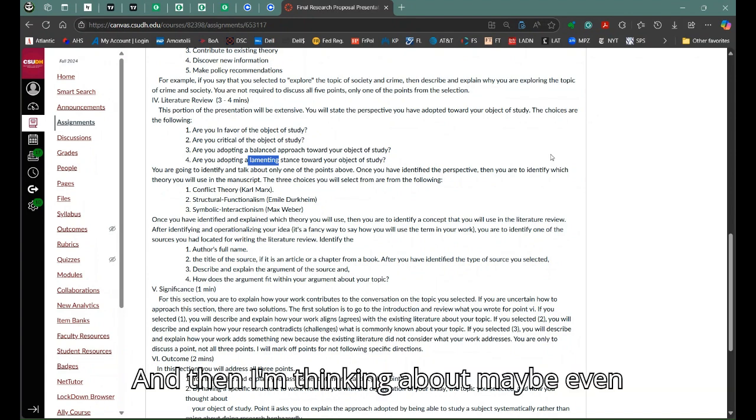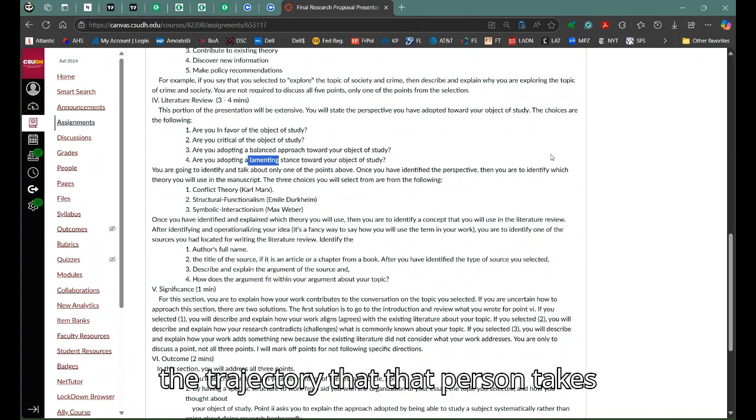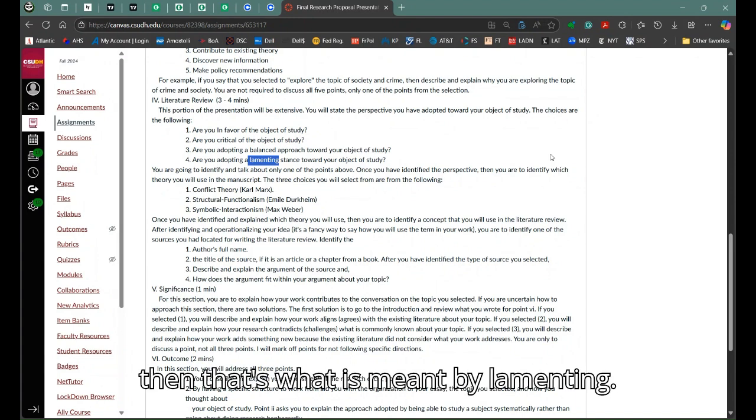And then I'm thinking about maybe even going to law school. So then I might have a sixth career, but today a person would change careers 3, 4, 5 times because of the job market or the labor market, and the trajectory that person takes while they're working. All right, so that's what is meant by lamenting.